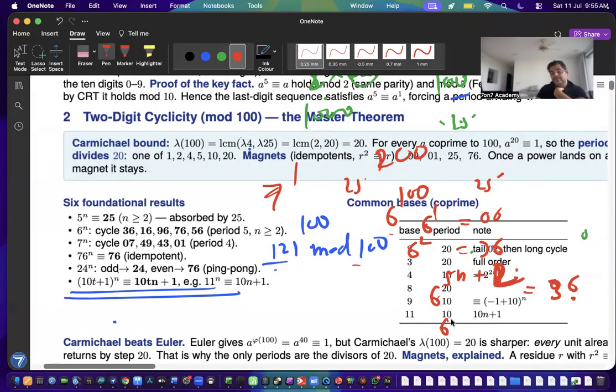So 6 raised to 5n plus 1 gives 06, 6 raised to 5n plus 2 gives 36, and 5n plus 3 is going to be the next, 16. Agree? So you have to break it into 5n plus 2 and 3.